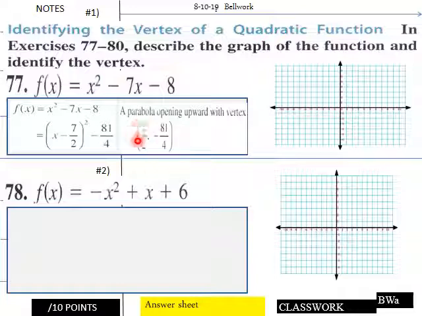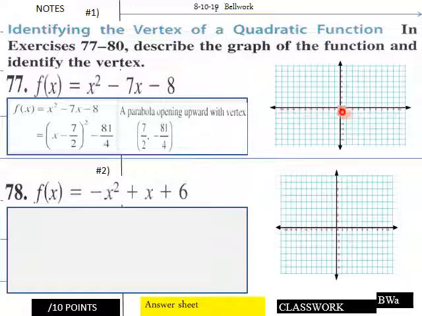Negative b over 2a is our x, and then we plug our x back in to find our y. We come up with a negative 81 over 4.